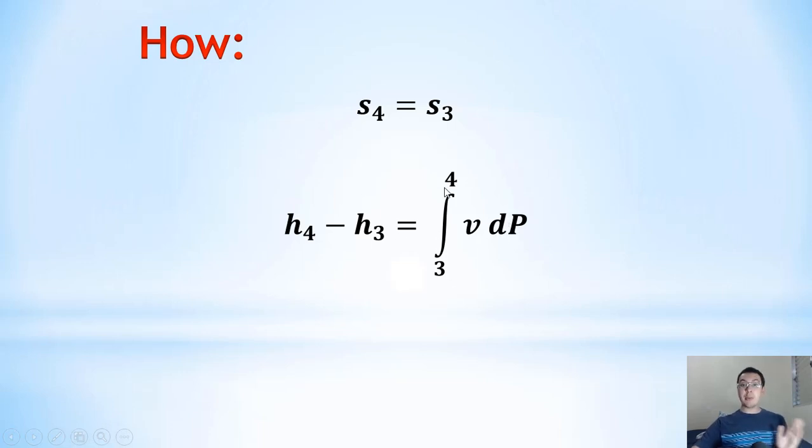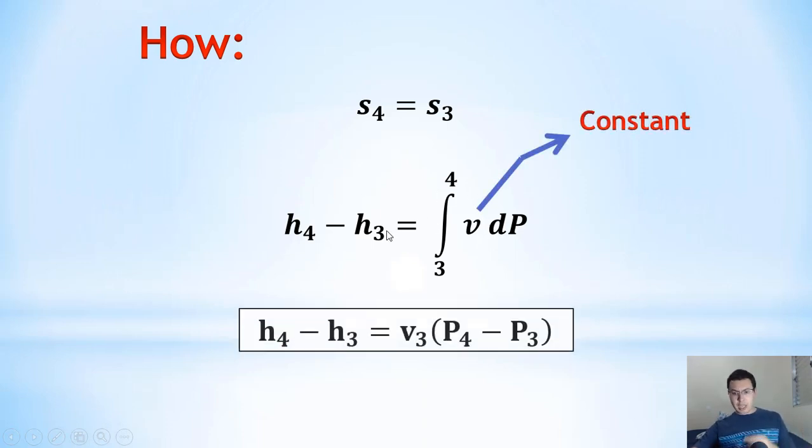As I told you before, between points 3 and 4 the volume is constant: the volume at point 3 equals the volume at point 4. So we can treat it as a constant and take it out of the integral.